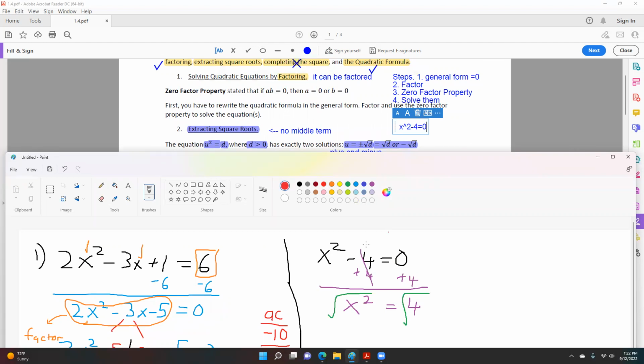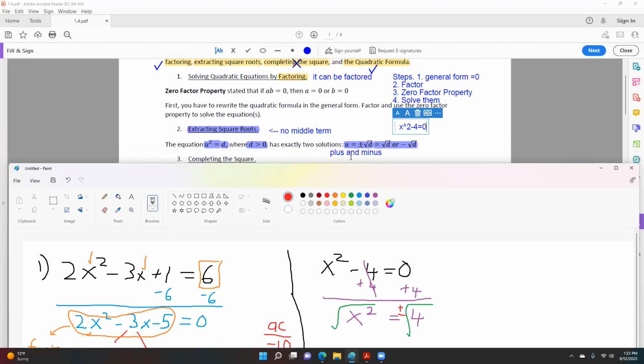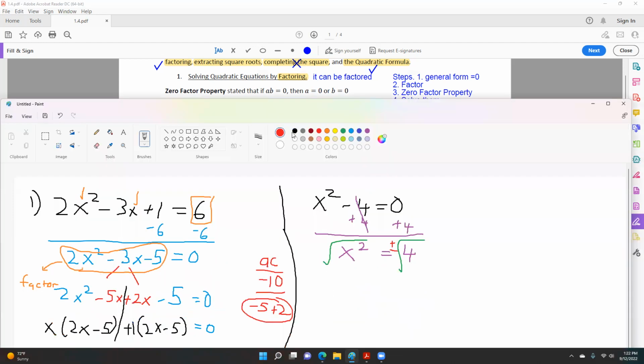However, this is the most important piece, class. Every time you square root both sides, make sure you have the plus and minus sign. So when you see this, your square and square root will cancel. You will get x. You have a plus minus, and the square root of 4 is 2.